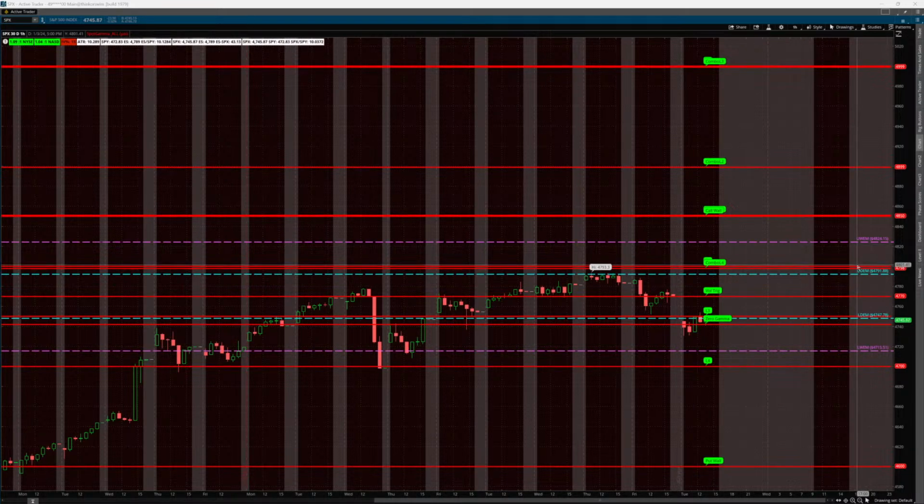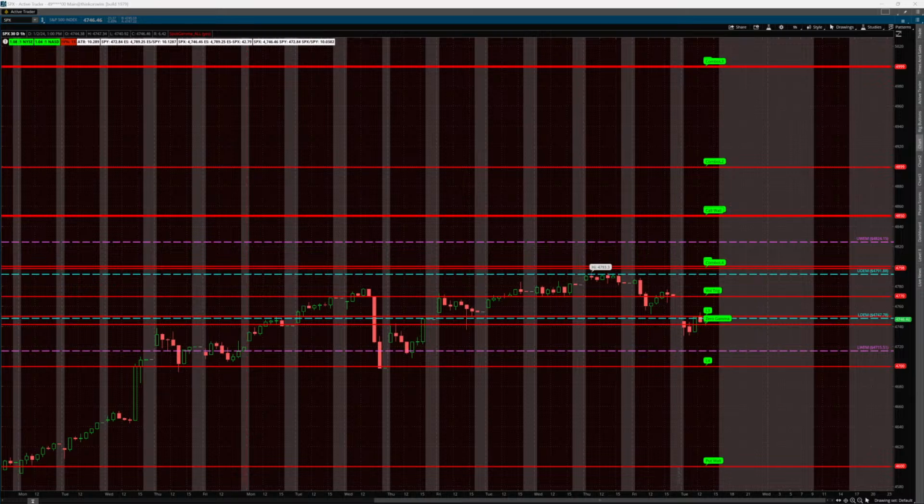That's where most of the gamma-weighted open interest is concentrated. I don't have DXY open either. I can show that in Thinkorswim, but that's not in Bookmap. Bookmap has currency futures, but I don't have any of that open. So we can take a look at DXY in just a minute.